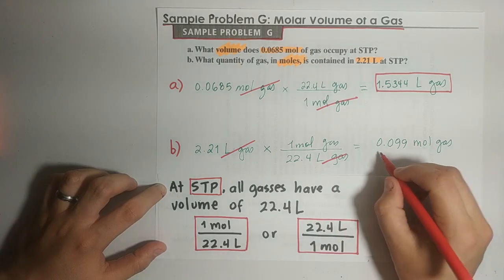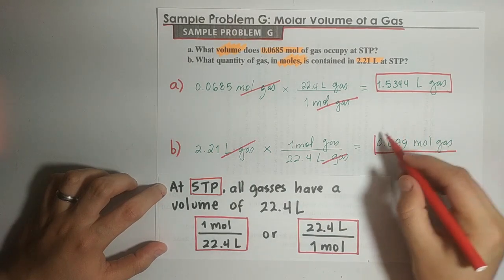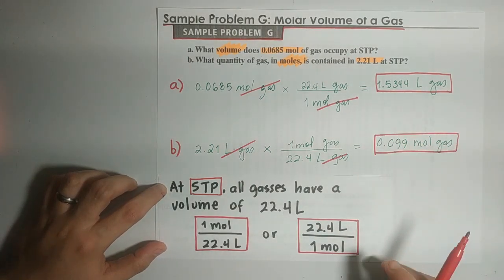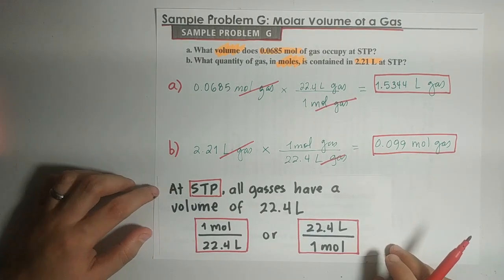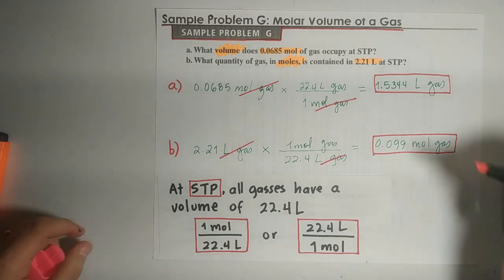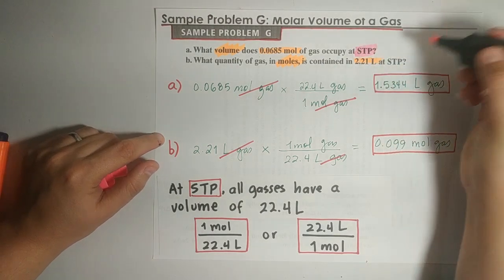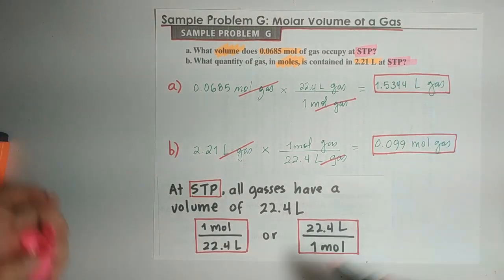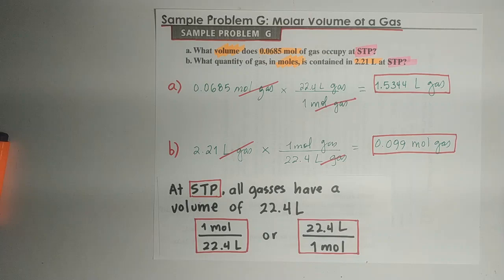So as you can see, guys, this topic is very easy. It's basically conversions, but the only condition that you need to be sure that you have in the problem is that your gases are specified to be at the standard temperature and pressure.